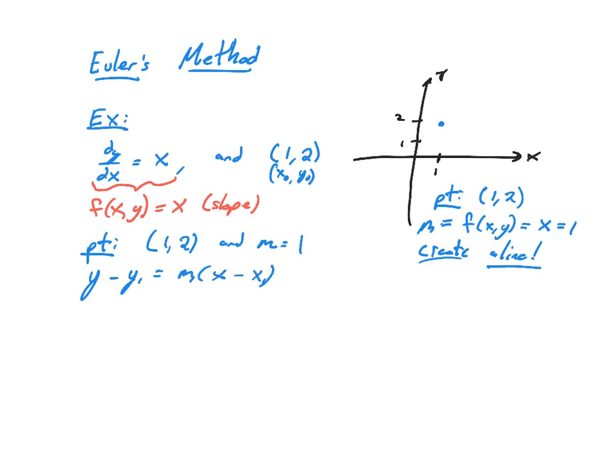And this right here is going to be our x1, and this will be here our y1. And then you can see that we're going to have y minus 2 is equal to 1 times x minus 1.